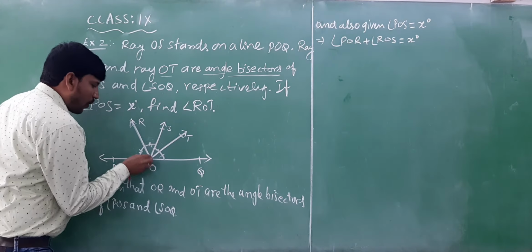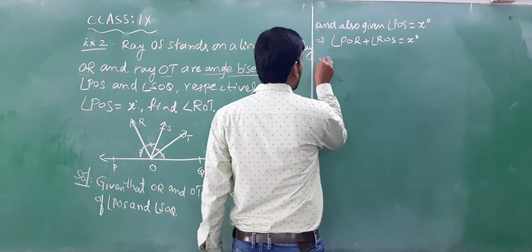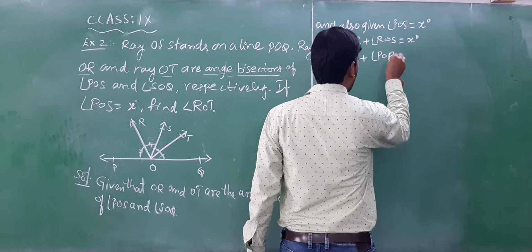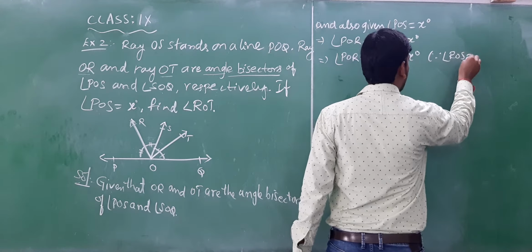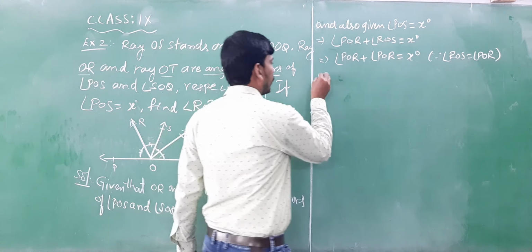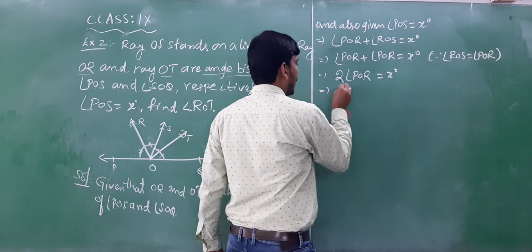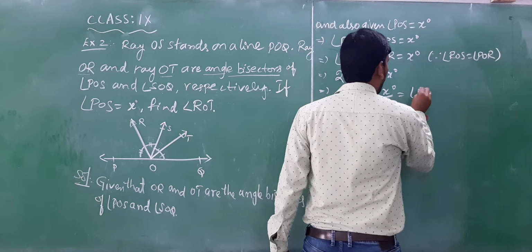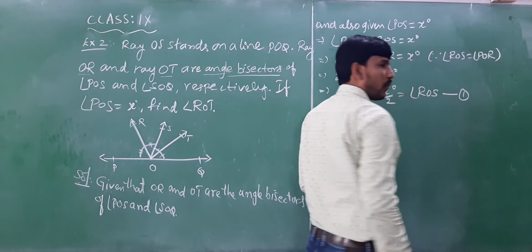But OR is the bisector of POS, which implies angle POR plus angle POR is equal to x degrees, since angle ROS is equal to angle POR. Both are equal. So 2 times angle POR is equal to x degrees, which implies angle POR is equal to x degrees by 2, which is equal to angle ROS also. Both are equal. Keep it as equation number 1.